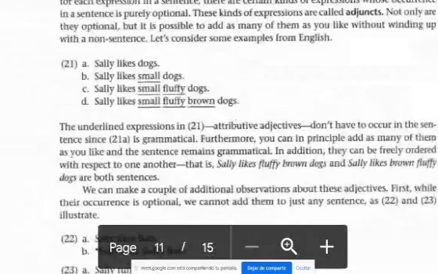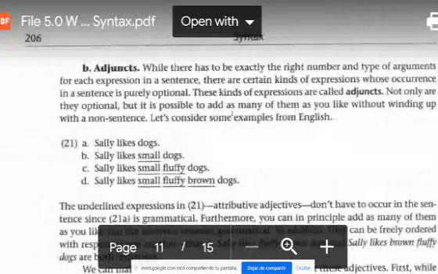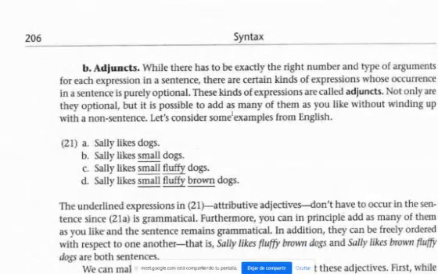Okay, extra information. They can be added or deleted. You can add small, fluffy dogs, small fluffy brown dogs, like here. Those are adjuncts. Adjuncts in other books are known as modifiers. But in this book, and this other book, they are known as adjuncts.